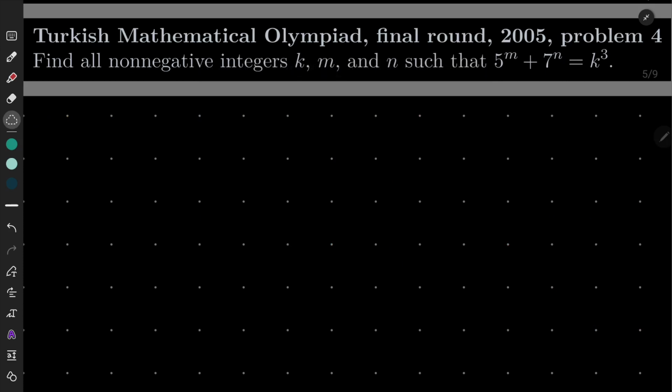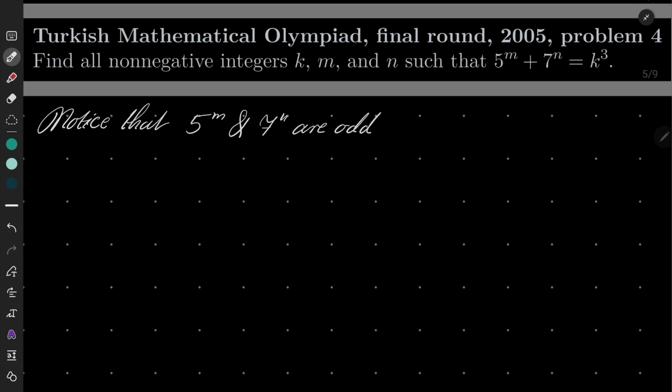Okay, so I hope that you've managed to solve it. First of all, let's notice that 5 to the power of m and 7 to the power of n are odd numbers, and we know that the sum of two odd numbers is even, so k must be even.